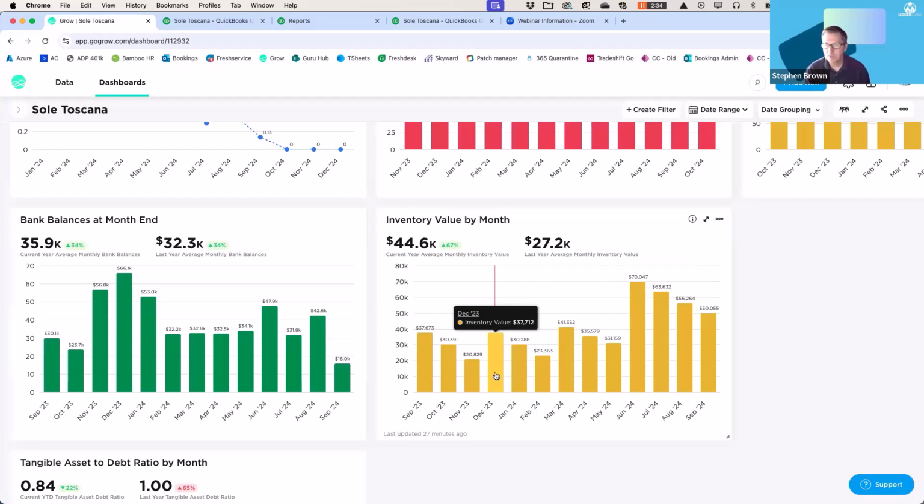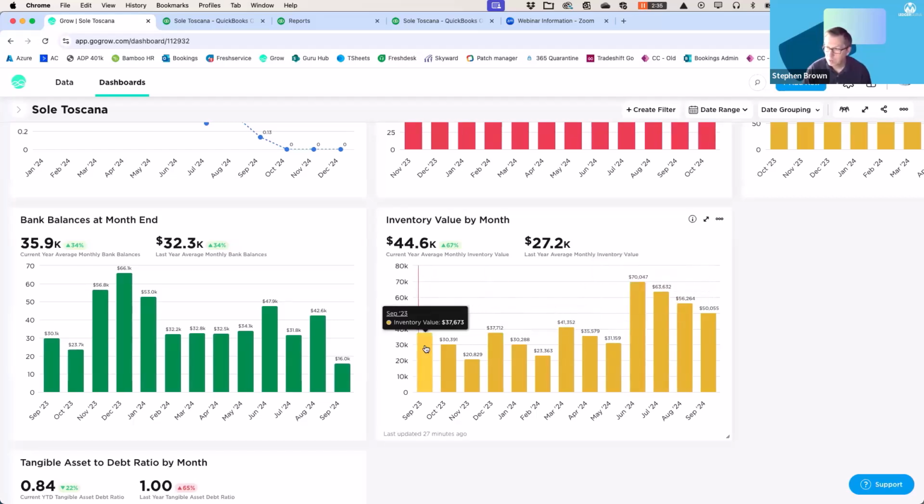Hey, is my inventory growing faster than my sales? If so, why? There's a variety of reasons why it might grow faster than sales. But if I see I have more inventory this time versus that time, why did this big jump up happen? Well, that was the holiday order.